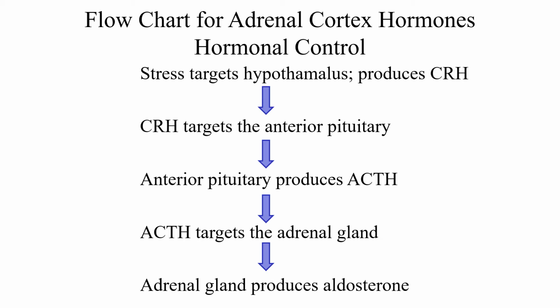Anterior pituitary releases this tropic hormone here called ACTH. AC is a great clue because that stands for adrenal cortex. Now, of course, the adrenal cortex targets the adrenal gland. The adrenal cortex stimulating hormone targets the adrenal gland, and it, of course, then in turn produces aldosterone.